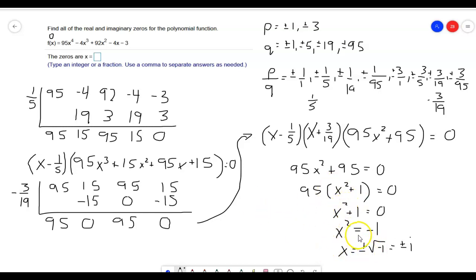But the roots, or the zeros, which roots and zeros are the same thing, of the function are 1/5, -3/19, i, and -i. Those are the 4 roots. Remember, if they're asking for all the real and imaginary, you should always have the number of zeros or roots equal to the highest exponent you have if you're talking about a polynomial.